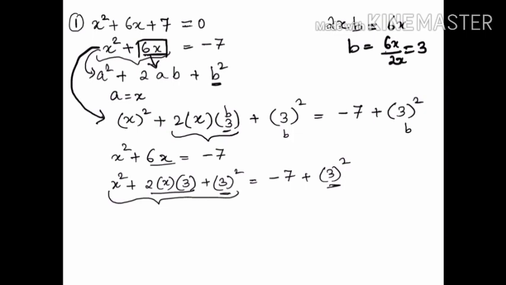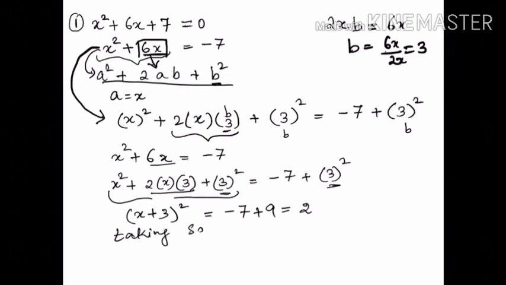Now the left side is in the form of the identity a square plus 2ab plus b square. So now we can write the left hand side as x plus 3 the whole square, and the right side will be minus 7 plus 9, which is equal to 2. So taking square root of both sides, x plus 3 is equal to plus minus square root of 2.